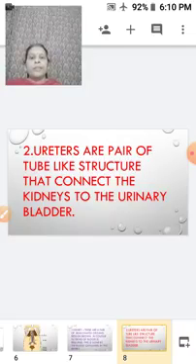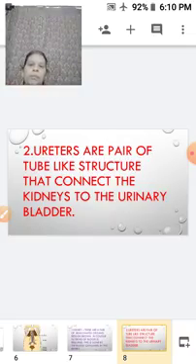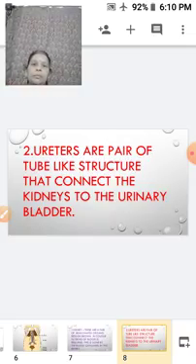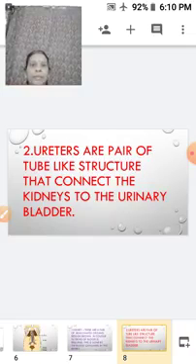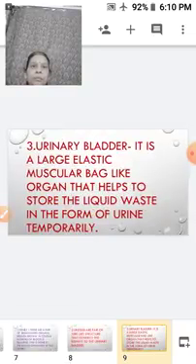The second part is the ureter, which is a pair of tube-like structures that connect the kidney to the urinary bladder. The third is the urinary bladder.